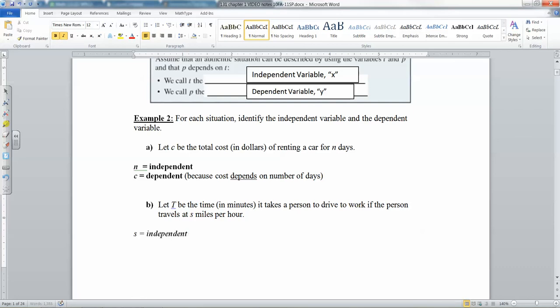You make a decision when you drive. It's called an accelerator pedal, right? You make a decision with that pedal of how fast you're going to go, and then the time it takes you to get to school, for example, or to work depends on how fast you drove.